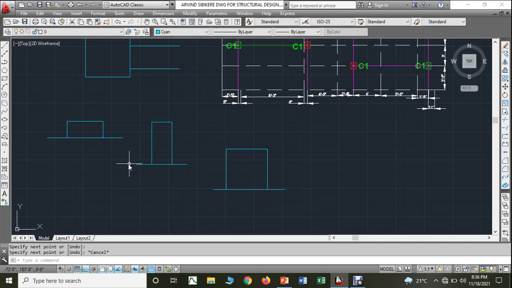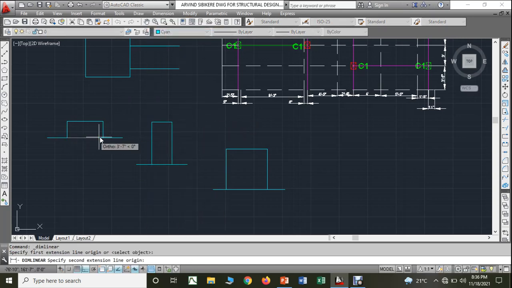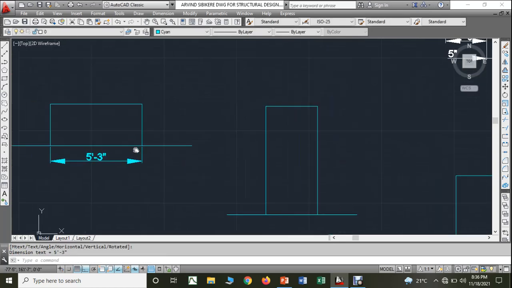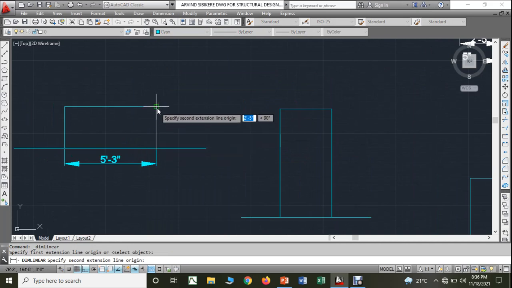now if I see here, the moment of inertia of a rectangle is b d cubed by 12. Now I am going to consider this as b and this as d.